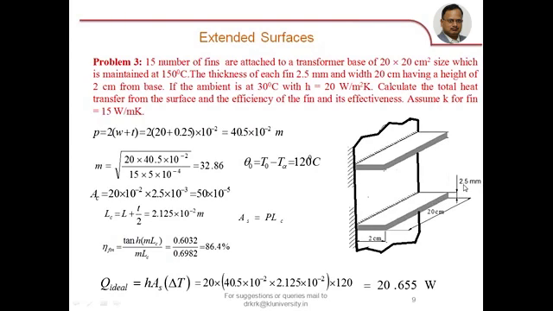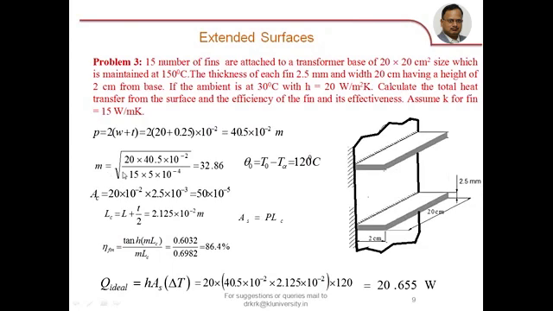T is 2.5. Now again, to calculate m, first we need perimeter and then we need cross-sectional area. Perimeter 2 times (W plus T), that is 2 times (20 centimeters plus 0.25 centimeters) into 10 power minus 2 to convert it into meters. You get 40.5 into 10 power minus 2 meters.